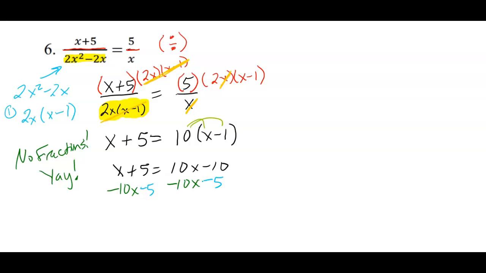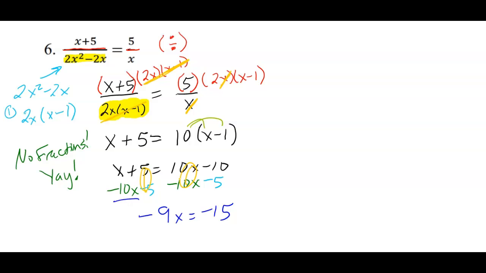So variables go to the left and numbers go off to the right. On the left, x minus 10x is negative 9x. On the right, negative 15. I chose to do it this way because then 5 minus 5 is 0, and 10 minus 10 is 0. So now I have numbers on the right and variables on the left.